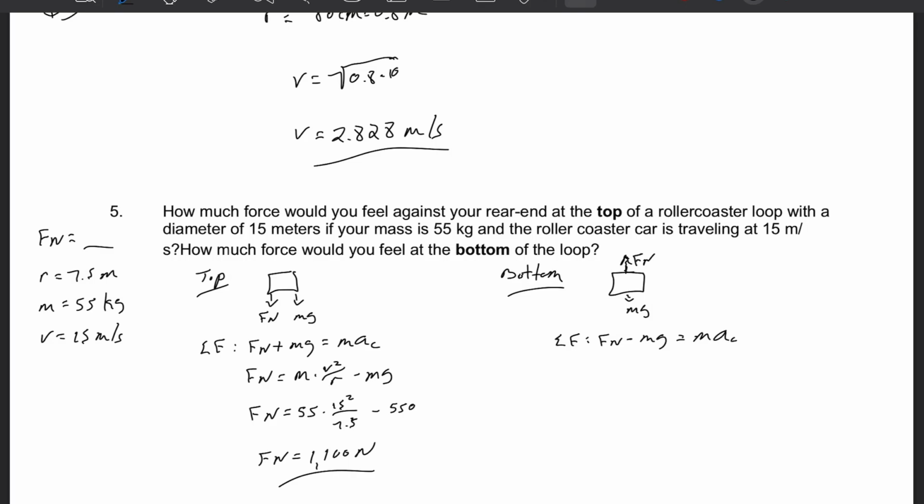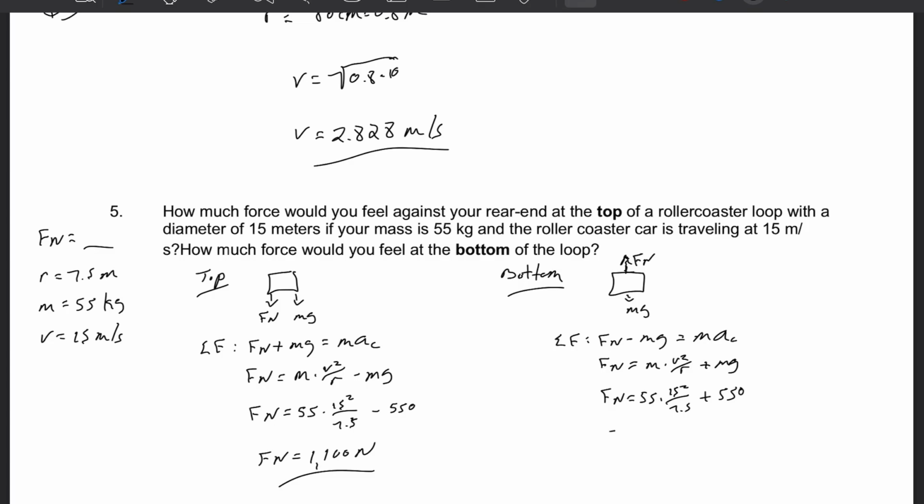That is equal to mac. Let's add mg to the other side and change acceleration into terms of variables that we have, v squared over r. Force normal is equal to 55 times 15 squared divided by 7.5 plus 550. When I did that, I got 2,200 newtons.